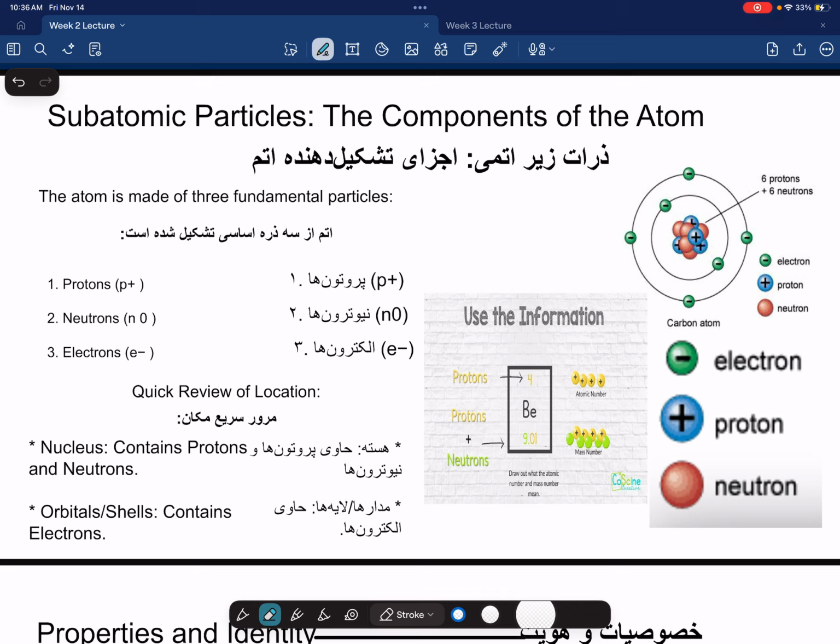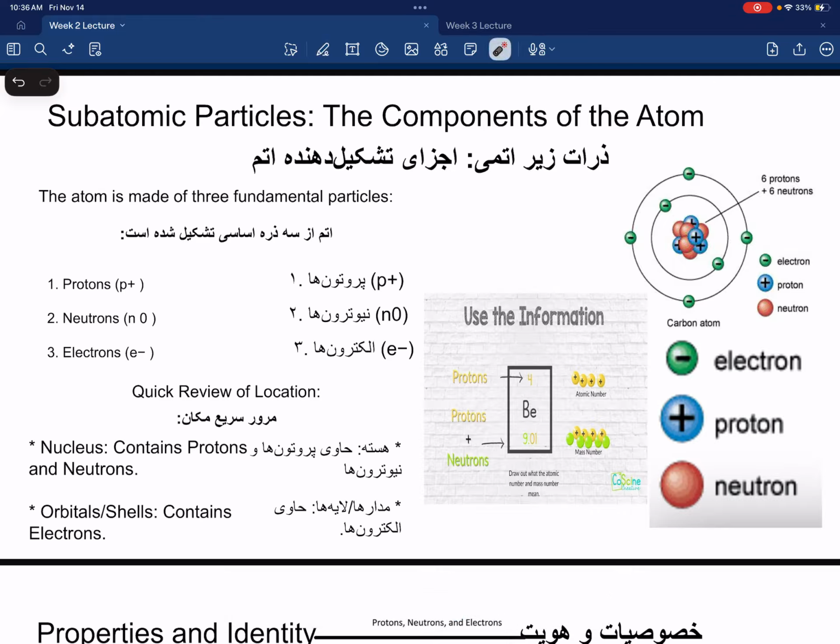The structure of an atom is that it consists of a proton, a neutron, and an electron. In the atom we have a nucleus, and then we have electrons around it.